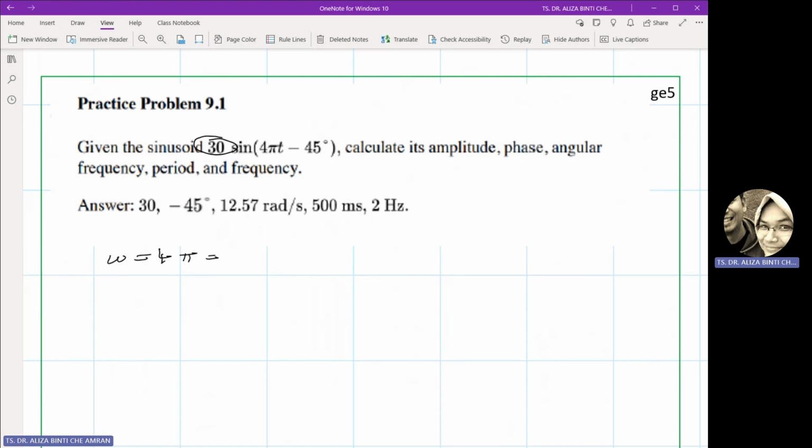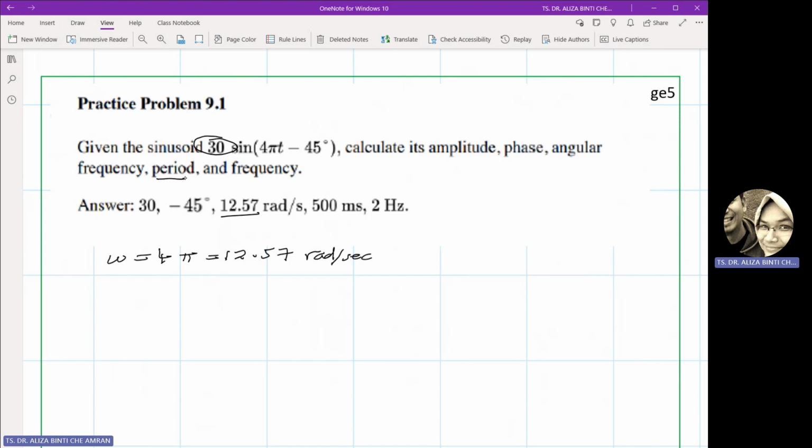Or you can also replace pi with 3.14, and that's how this number comes in. That will give you this value, and the unit is radian per second. If you write it as pi, the unit is also radian per second. Bear that in mind.